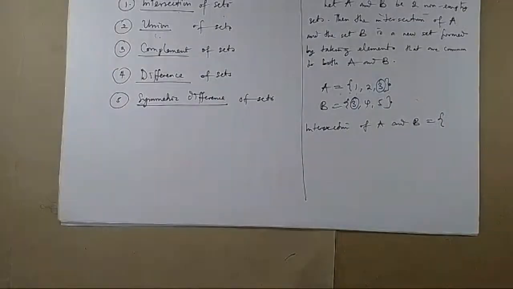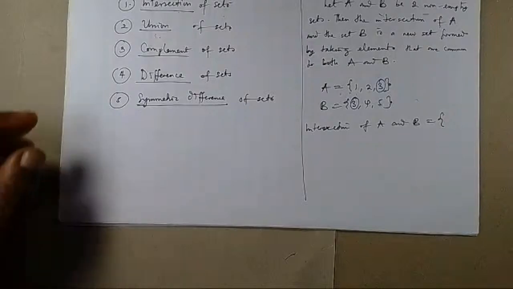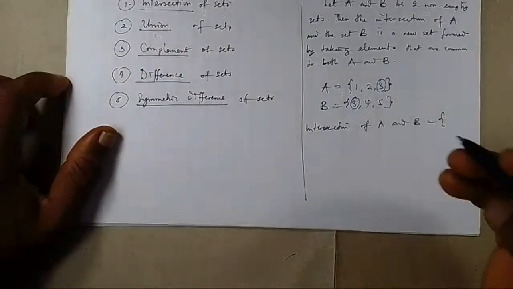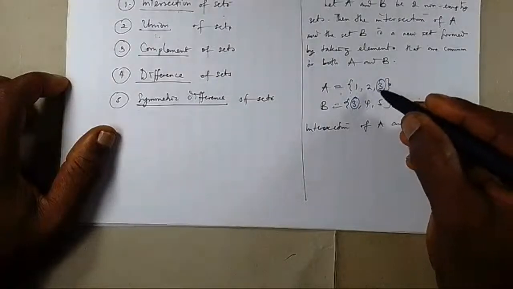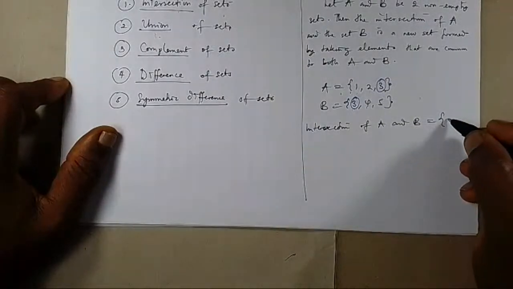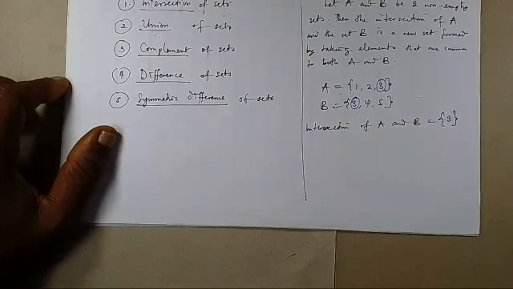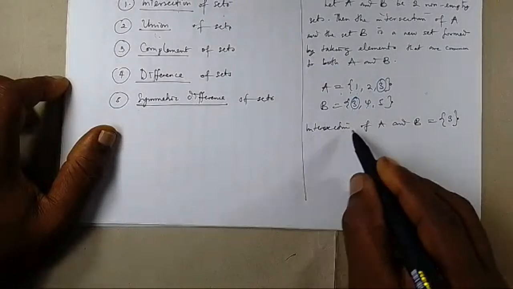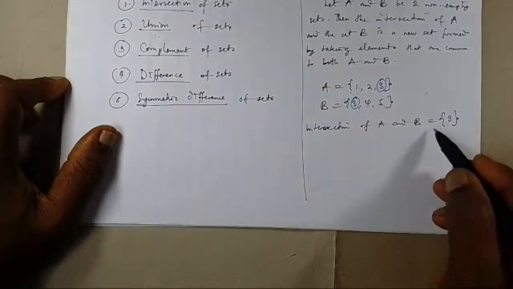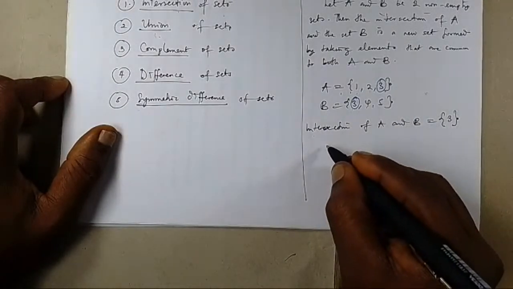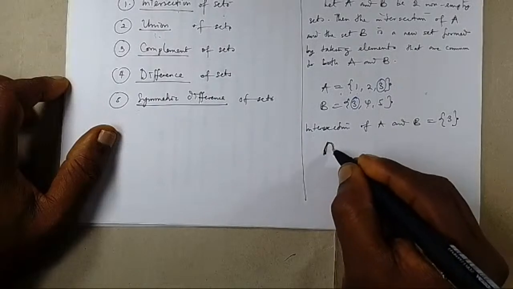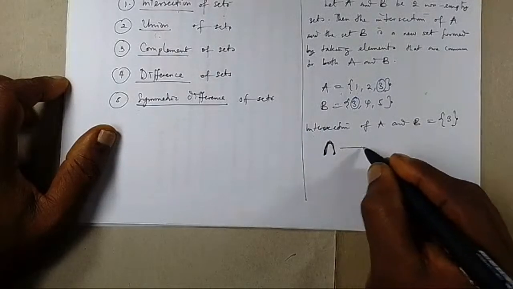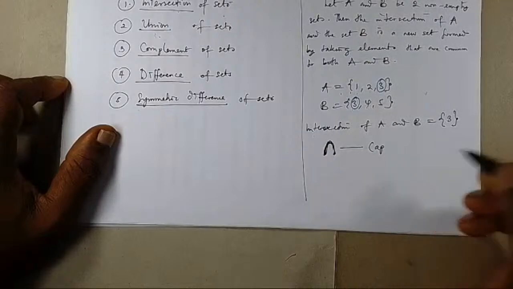So, the new set formed that is called the intersection of set A and B is the set that contains the elements that are common to both A and B, and that set contains 3 as the element common to A and B. Now, we don't write intersection of A and B in this manner. We use a symbol, and this symbol, please, is called cap.